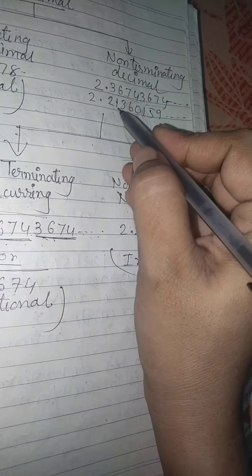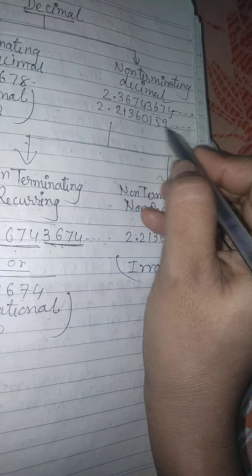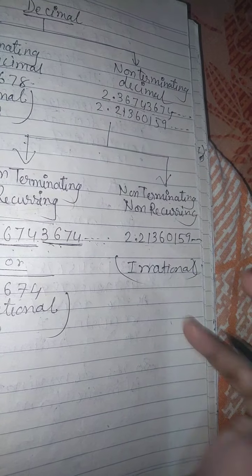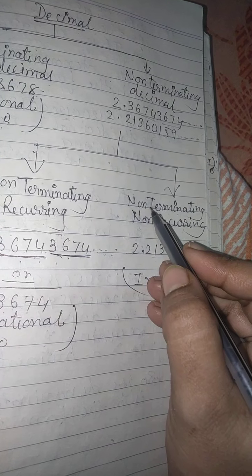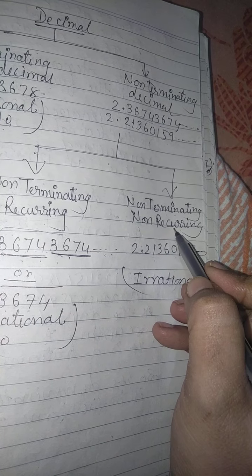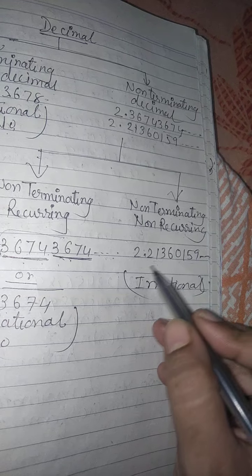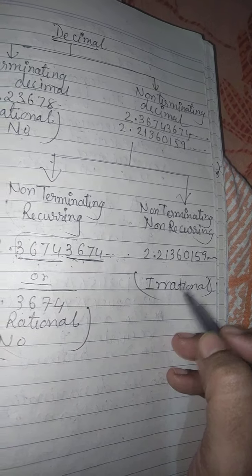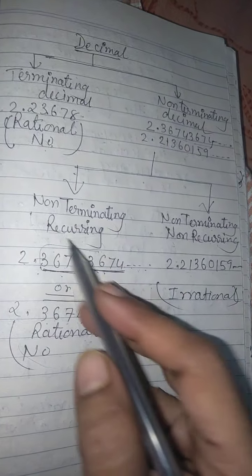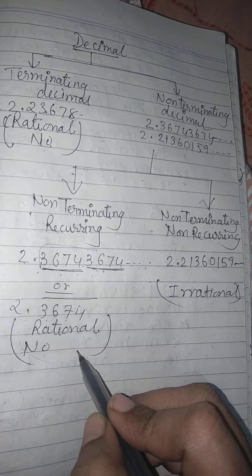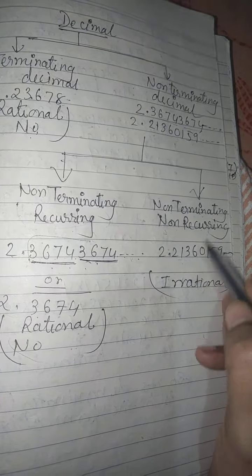And look at the second decimal, 2.1360159: the numbers are not repeated in the same order. Then it is non-terminating non-recurring, and non-terminating non-recurring is an irrational number. Terminating decimal is rational, non-terminating recurring is rational, non-terminating non-recurring is irrational.